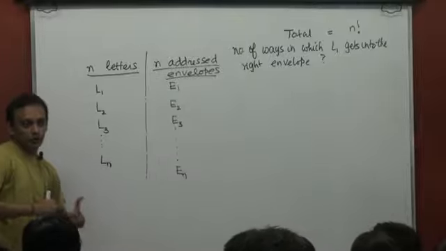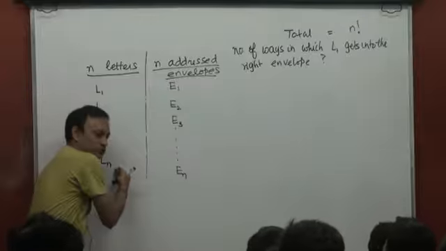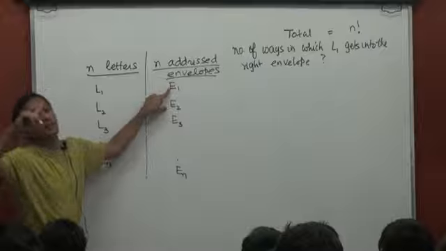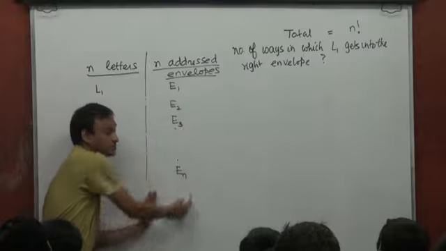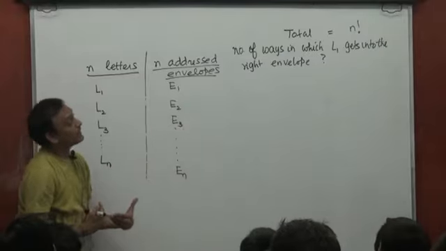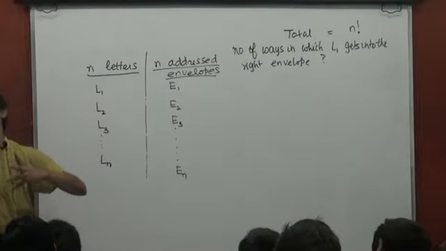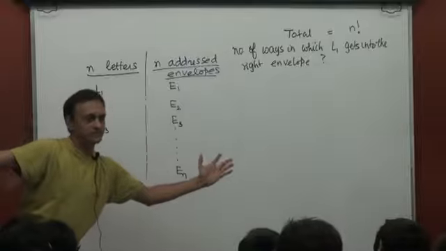I mean, you're not going to just put L1 into the envelope and give stepmotherly treatment to the remaining letters. You're putting L1 into the right envelope in one way, but then there are more ways of designating the remaining letters in the remaining envelopes. So when I say L1 getting into the right envelope, that means a way in which L1 has gotten into its right envelope, others may or may not get into their right.